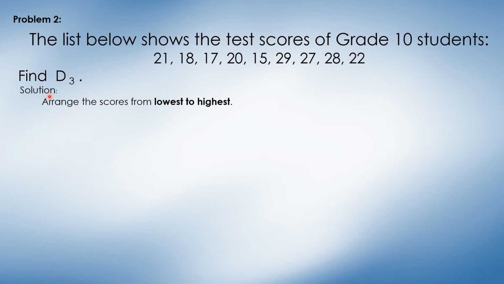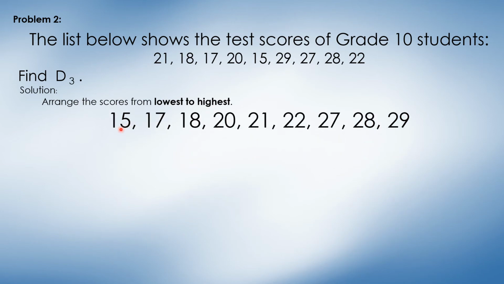Solution: arrange the scores from lowest to highest. So do not forget the first step, which is to arrange the given data from lowest to highest. So we have 15, 17, 18, 20, 21, 22, 27, 28, and 29.